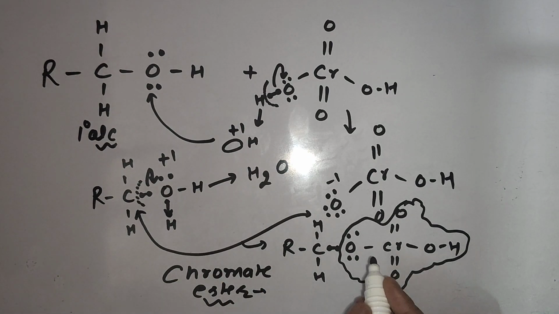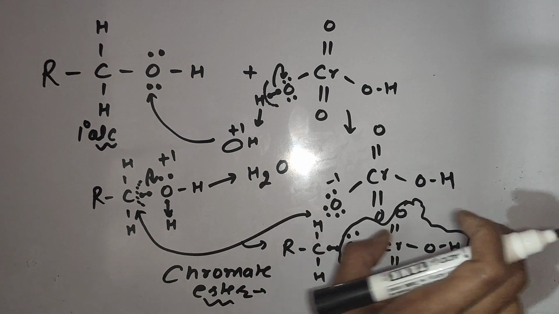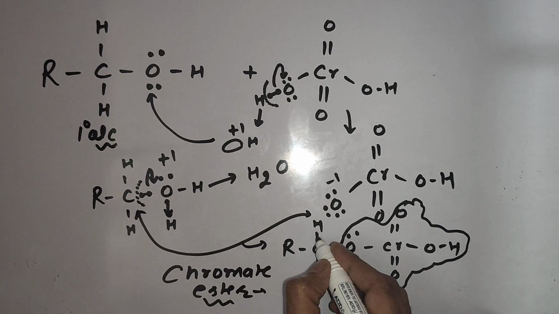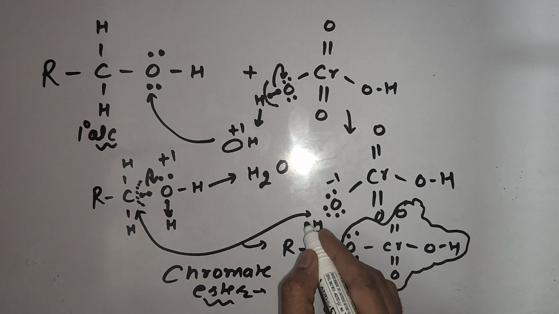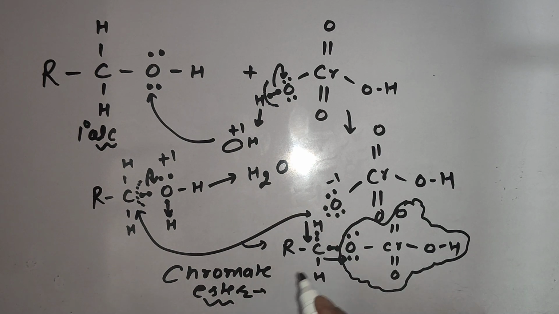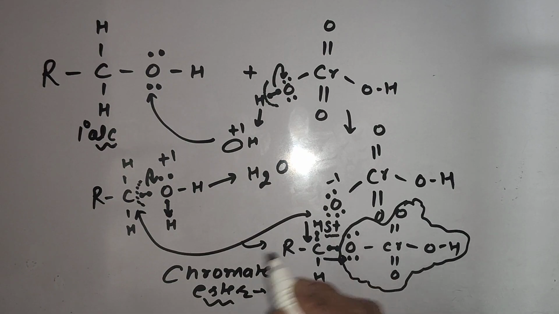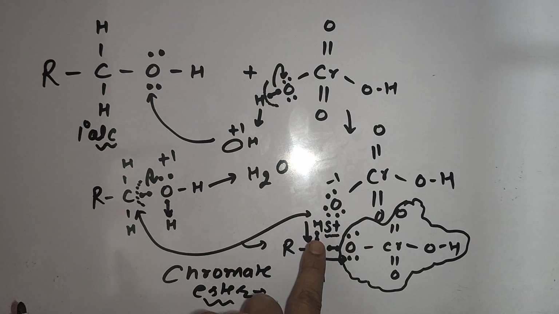Same work. Because it is a strong electron pulling group, these electrons of the carbon will go strongly toward oxygen, due to which this carbon will start attracting electrons from the hydrogen side strongly, and these hydrogens will become highly acidic in nature. A lot of positive charge will generate on them.